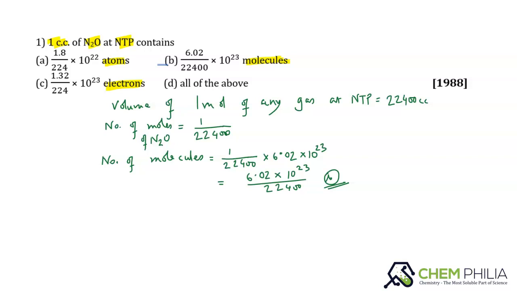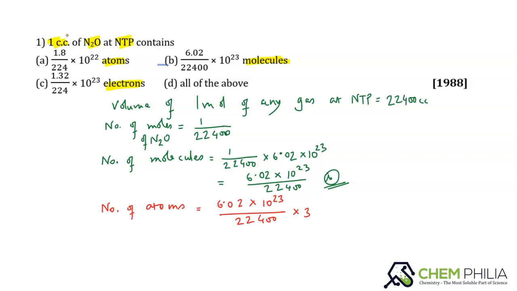So the number of atoms will be the number of molecules, that is 6.02 into 10 to the power 23 divided by 22400, multiplied by 3, because each molecule contains 3 atoms.